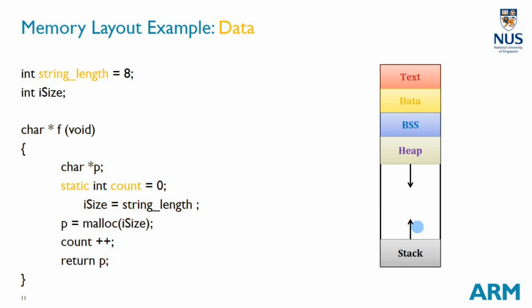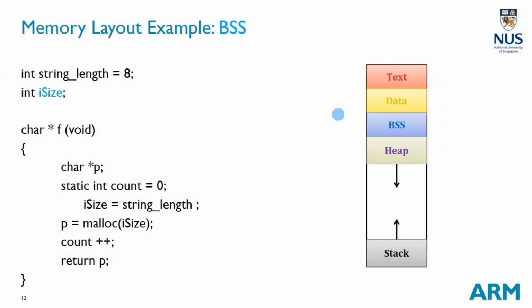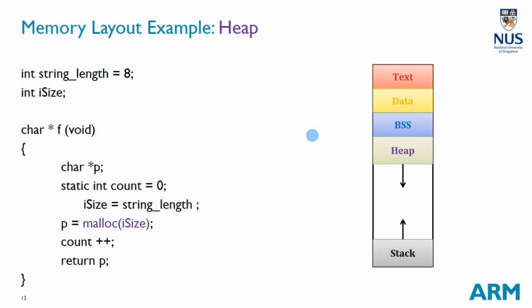Subsequently, we have a global variable string length, and we have a static local variable count. These will be stored in the data segment over here. Then we have another global variable I size. In this case it is not initialized to any value, so it will be stored in the BSS segment over here. And then we have a malloc call over here.